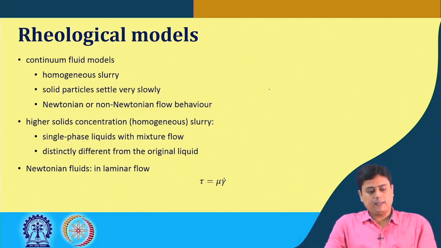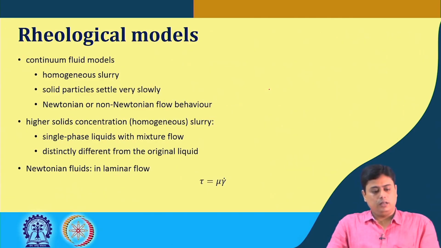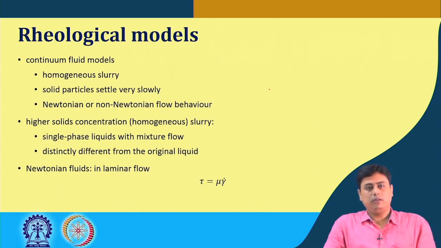In this case, Newtonian and non-Newtonian flow behaviors can be observed, and several slurries exhibit the Newtonian as well as the non-Newtonian flow behavior. But mostly the slurries exhibit non-Newtonian behavior. That also depends on the solids concentration in the slurry.